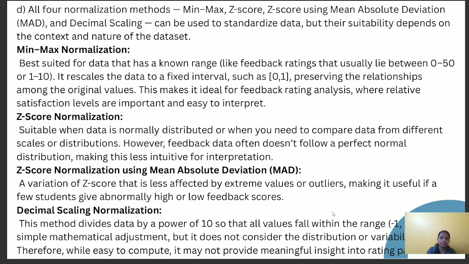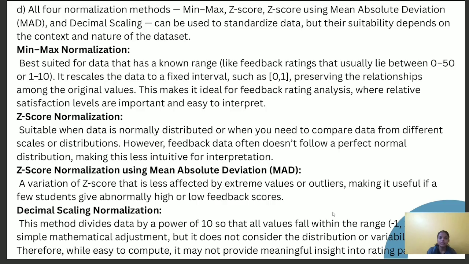Now, in the D part, all four normalization methods, min-max, z-score, z-score using mean absolute deviation, and the decimal scaling can be used to standardize data, but their suitability depends on the context and the nature of the data set. Min-max normalization is best suited for data that has a known range, like feedback ratings that usually lie between 0 to 50 or 1 to 10.